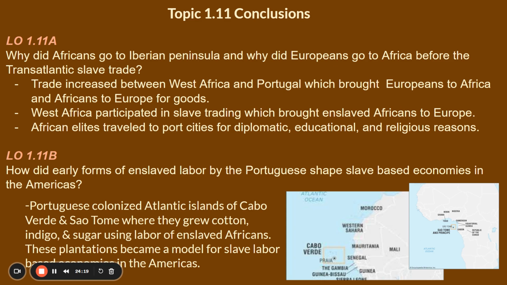Learning objective 1.11b then asks, well, how did early forms of enslaved labor by the Portuguese begin to shape slave-based economies in America? So remember, we're always trying to connect what we learn from this first unit to America. That is what this course is about.